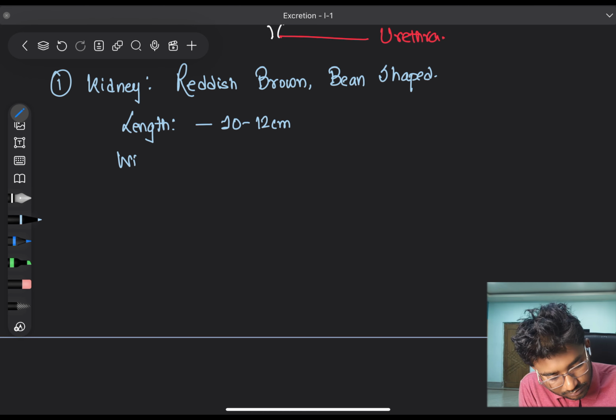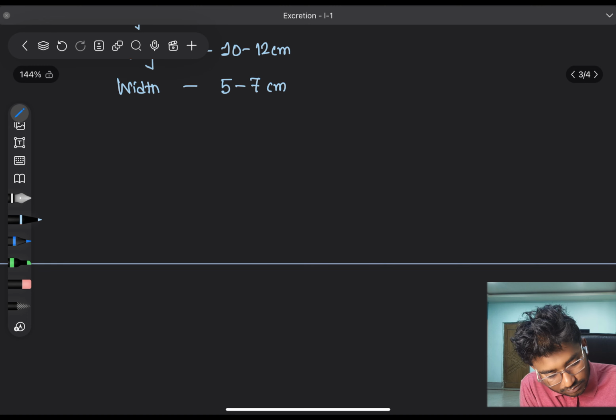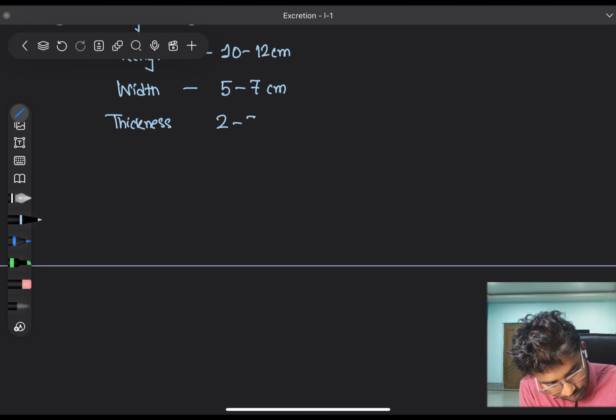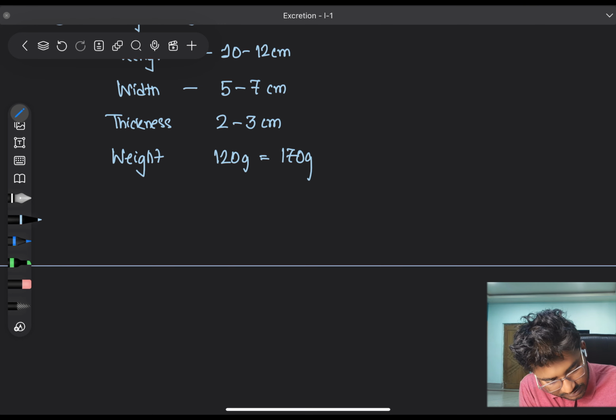Width 5 to 7 centimeters. Thickness 2 to 3 centimeters. Weight about 120 gram to 170 gram.